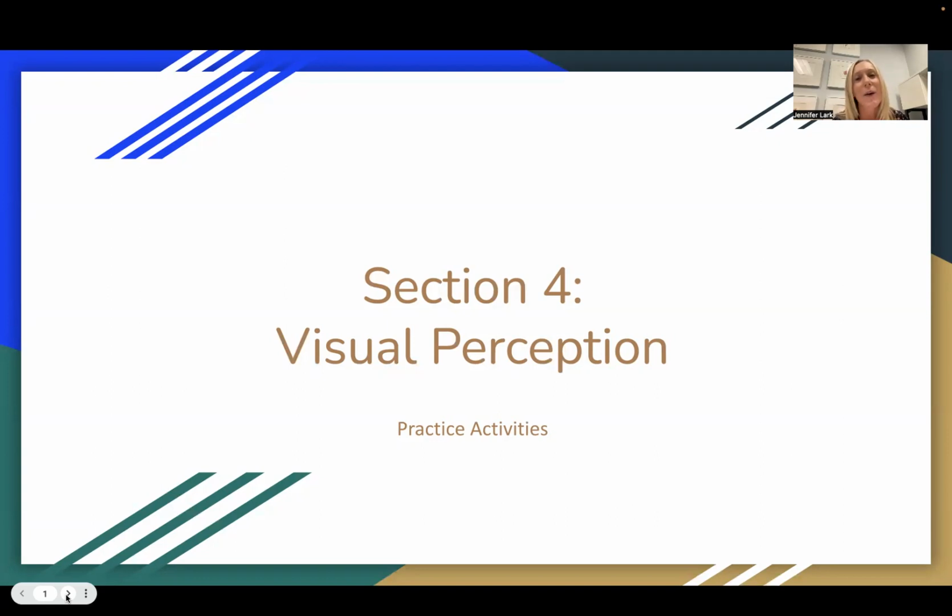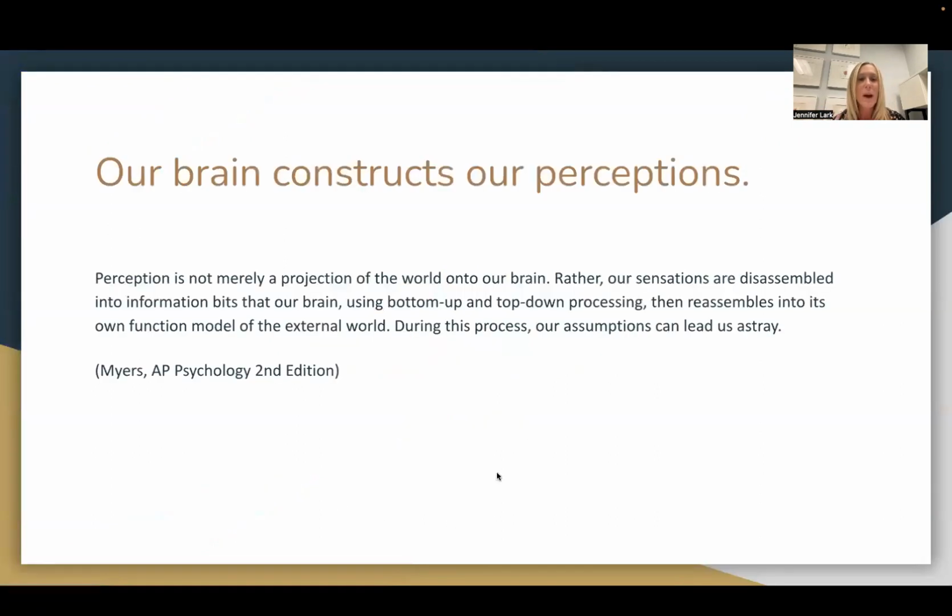We talked about how our mental set can actually influence what our eyes see, and we're going to look at that for a moment here together. As a reminder, our brain actually constructs our perceptions, and it's slightly prone to error. Perception is not just a projection of the world onto our brain.